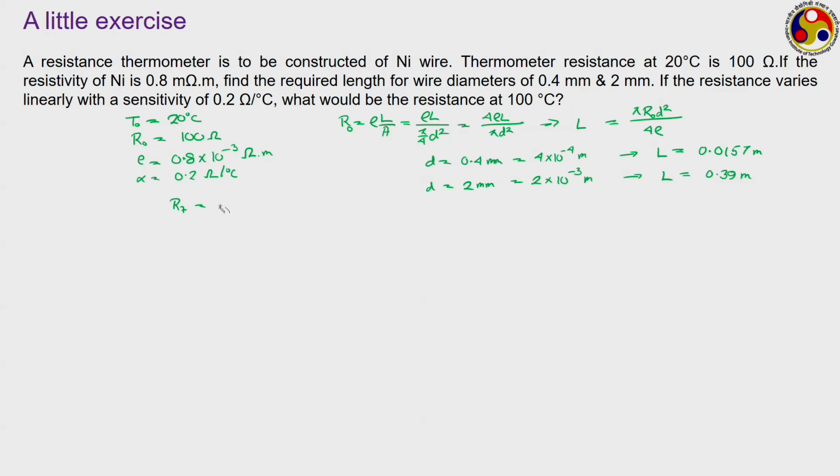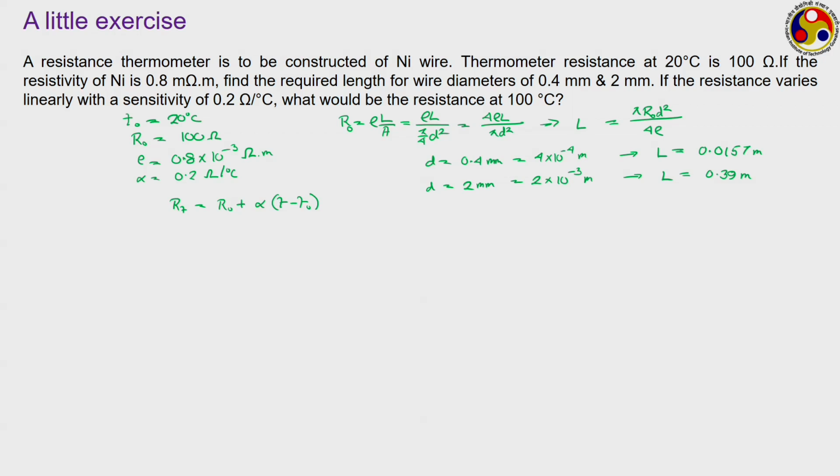In that case, this should be written as RT is equal to R naught plus alpha into T minus T naught, where T naught refers to the reference temperature, R naught is the corresponding reference resistance. Actually, we have used capital T to represent the temperature. Truly speaking, we should have written small t, because generally the symbol capital T we reserve for temperature values in Kelvin, that is absolute temperature, but here we are talking about temperature in Celsius.